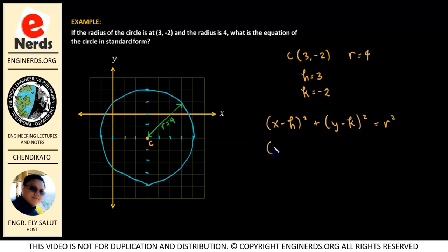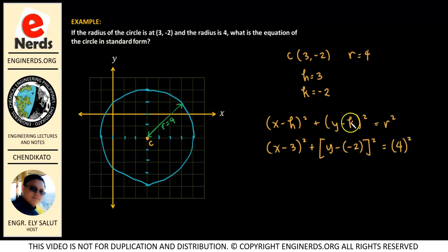So we have x minus our h is equal to 3 squared plus we have y minus our k is equal to negative 2. And we're going to square that. And this is equal to r squared. Our r is equal to 4. So we have 4 squared.